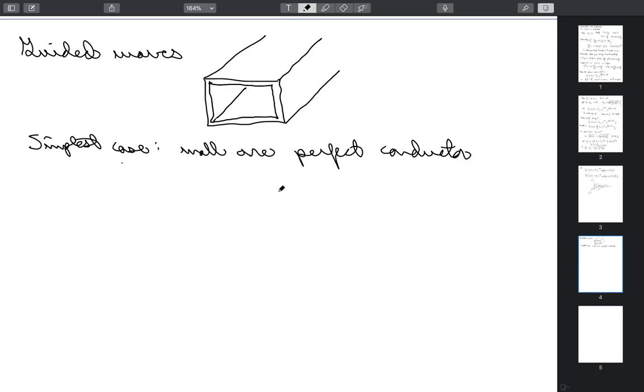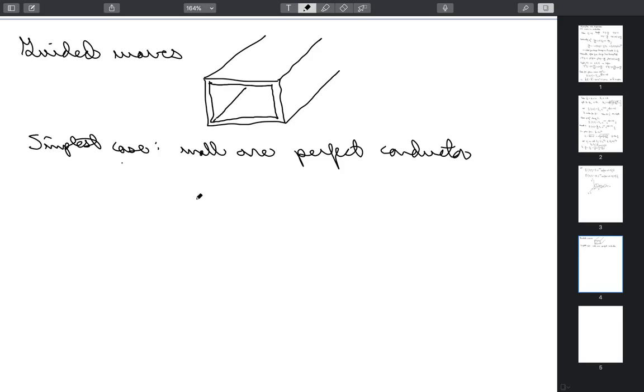Now, because the walls are going to respond to the presence of electromagnetic waves by having some surface densities developing, the actual electromagnetic waves inside such a waveguide look quite different from the ones that you would get in vacuum. So how are we going to go about doing that?